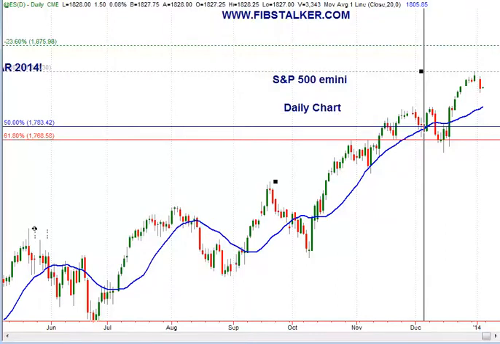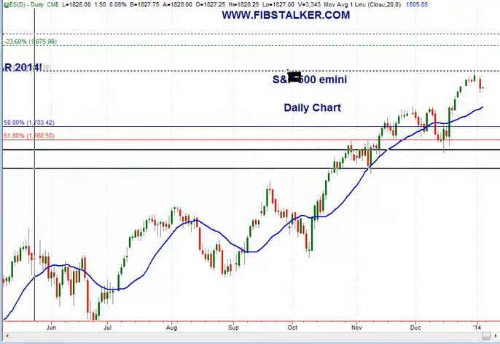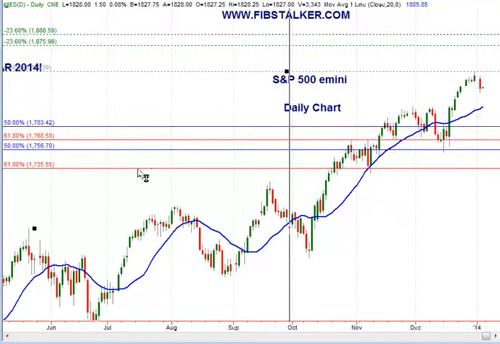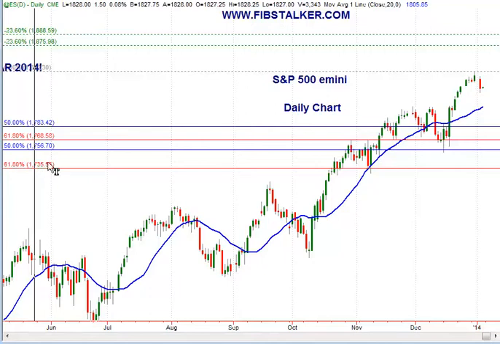the sand for this trend is going to be the 1734 red line here. And again, the 1756-57 level could act as a support or temporary support.